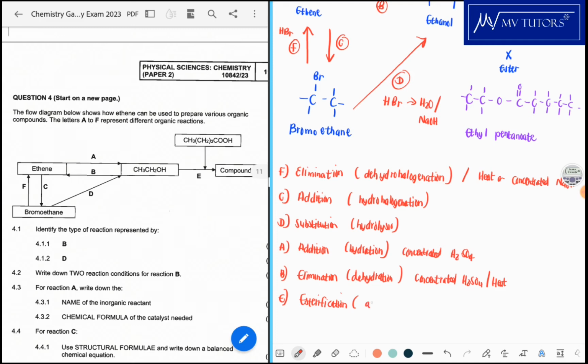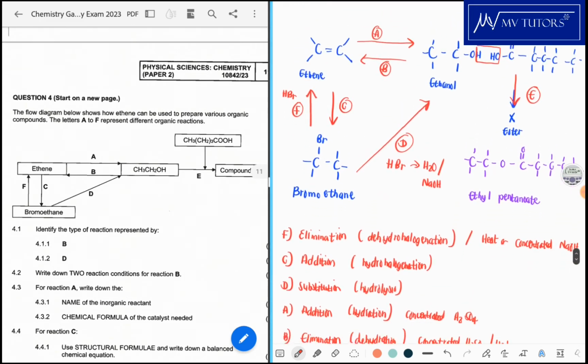The more formal term would be acid catalyzed condensation. But I know I wouldn't remember that in an exam. I would remember esterification. It's a nice term. And like the acid catalyzed condensation. Okay, so yeah, those are basically the reactions that have formed.